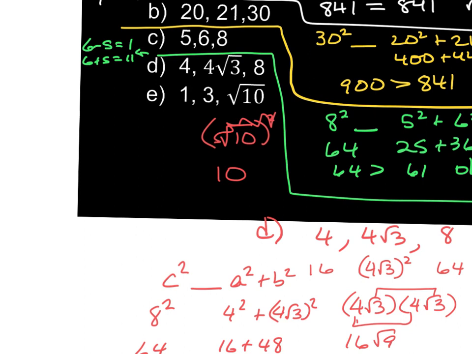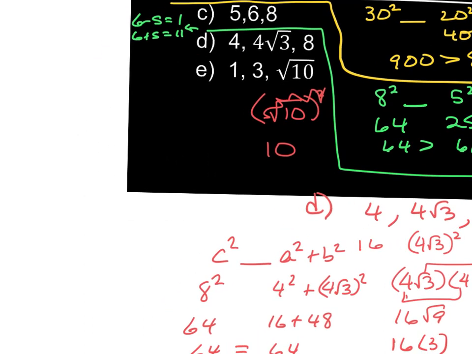So the square root of 10 is the biggest side. And if you think about it logically, the perfect squares are 1, 4, 9, 16. Square root of 10 is in between the two perfect squares of 3 and 4. So the square root of 10 is about 3.1 or about 3.2.